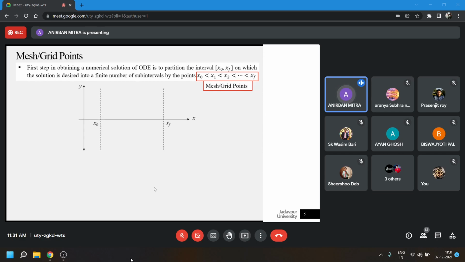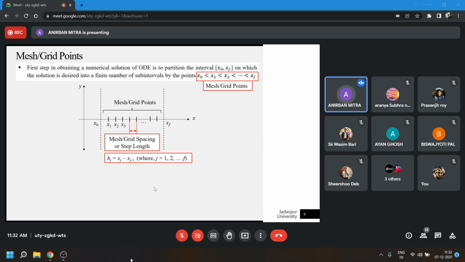So here is the initial and the final point, and the zone of solution is divided like this into a finite number of subintervals. So these are the mesh or grid points. This is known as the mesh or grid spacing or the step length.